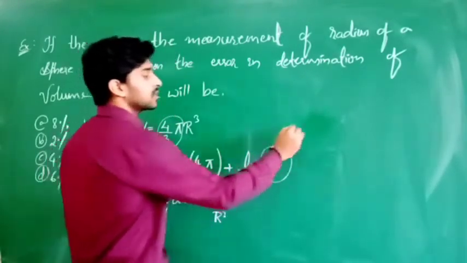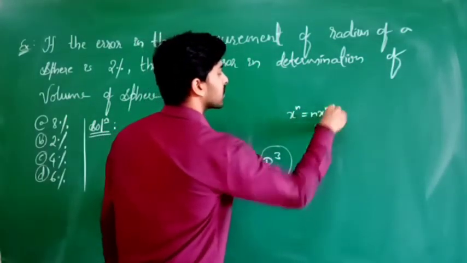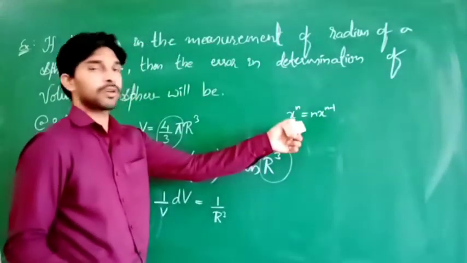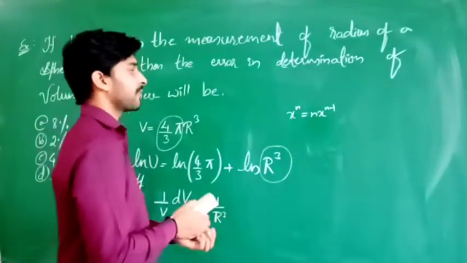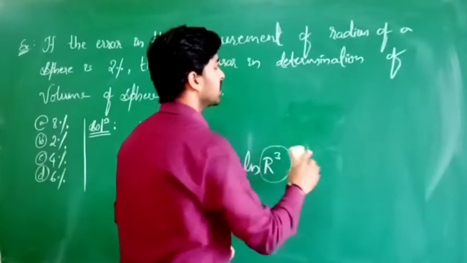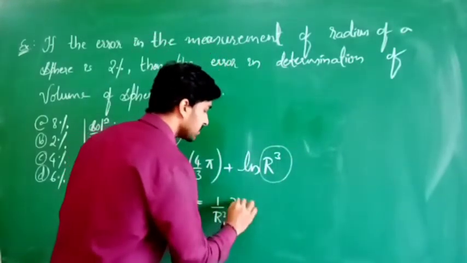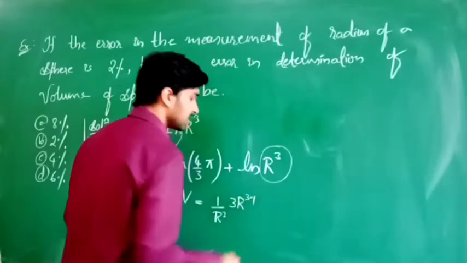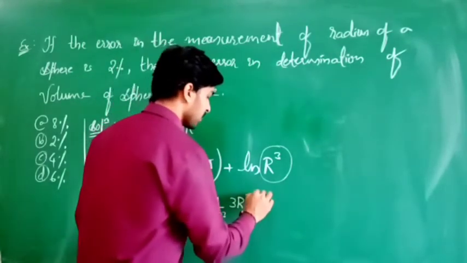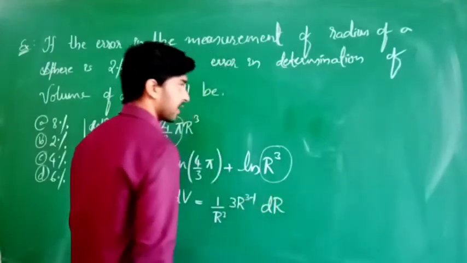Listen, the differentiation of x power n is nothing but n into x power n minus 1. In basic mathematics you came across this, we discussed it 2-3 months back. Like that, r power 3 gives 3 into r power 3 minus 1, which is nothing but 2 here. With respect to r we are doing it, that's why dr. Clear?